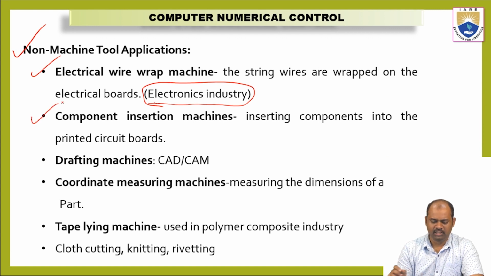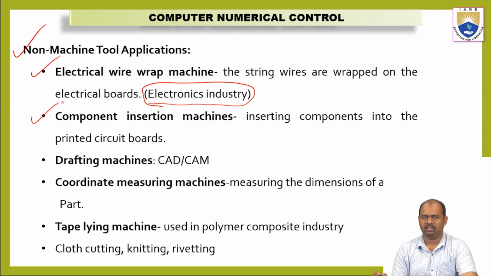And then the second application. These are all non-machine tool applications. Here we don't have any machine tool, so we simply use the CNC machine for different applications. The second one is component insertion machines. These machines are very widely used in the electronics industry, for inserting different components into printed circuit boards.